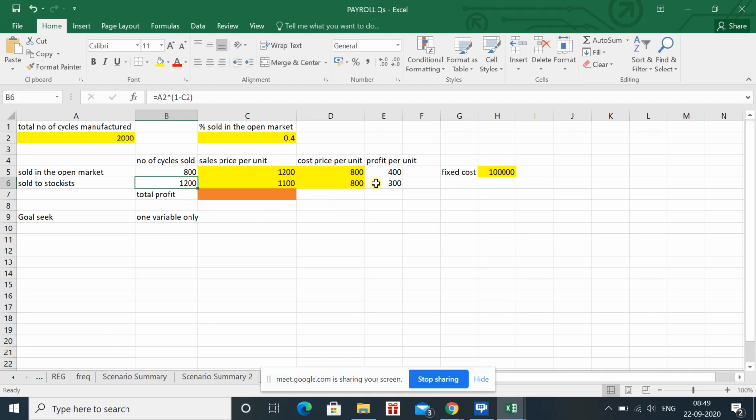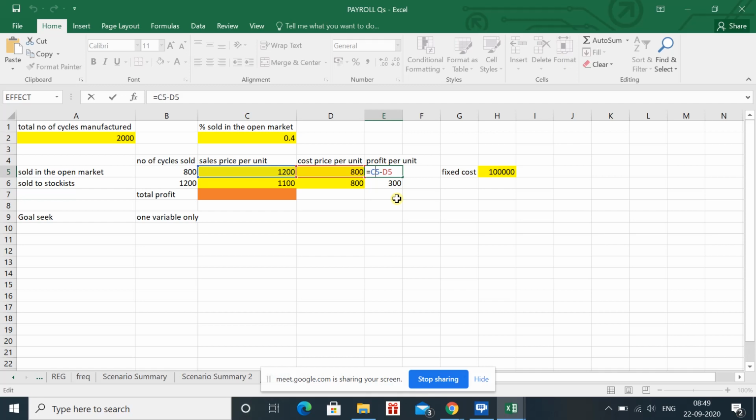And now in the question they have mentioned the selling price per unit and cost price. We know as a commerce student that to calculate the profit, the selling price minus cost price is the formula, and we have applied the same thing here. We have not calculated a special thing.